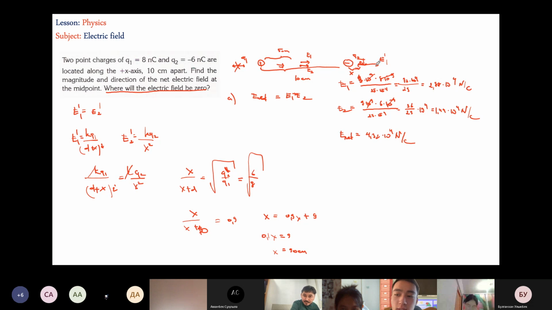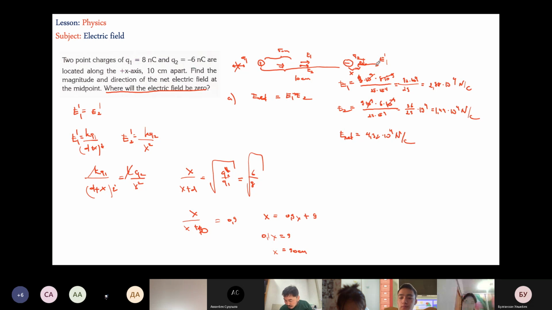Today we learned in this lesson about electric field. Electric field is a region inside of which charges are under influence. Electric field is a vector. The formula is E equals K times Q over D squared.